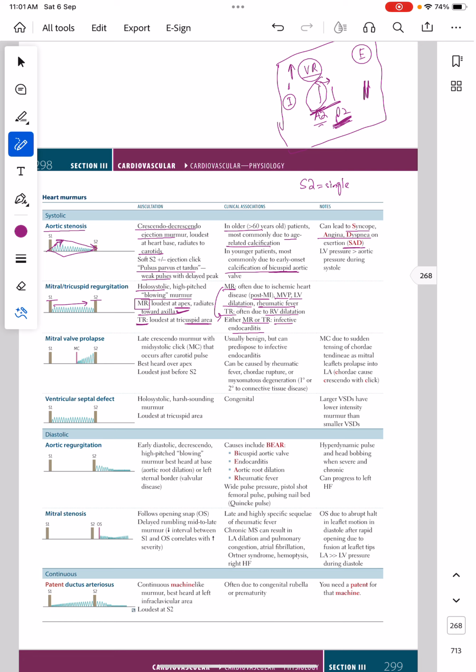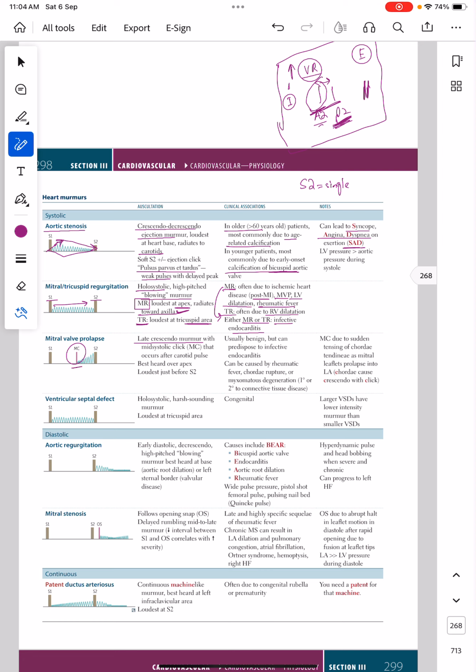Mitral valve prolapse produces a late crescendo murmur with a mid-systolic click. How mitral valve prolapse happens is that there is myxomatous degeneration of the mitral valve leaflets, or there is excessive myxomatous tissue. So that excessive tissue causes what? Whenever the mitral valve closes, it produces a click in between S1 and S2, mid-systolic.